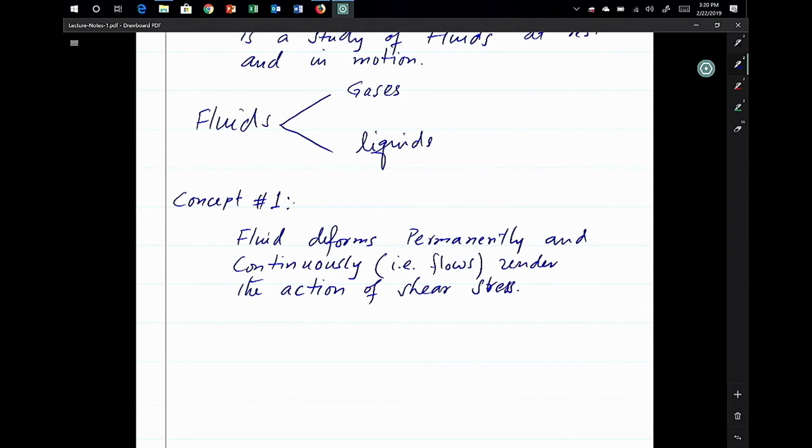Whereas solid will deform but will never flow under the action of shear stress.